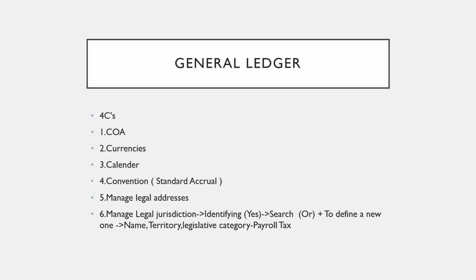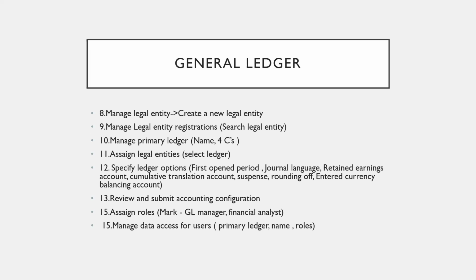For example, if you take Mumbai address, then you will write the Mumbai address, then you will select legal jurisdiction, whatever jurisdiction is applicable and which is provided in the Excel by the client. Then you will create a legal entity, and whatever registration number the client has mentioned, you will define that, and you'll go ahead and create a manage primary ledger.